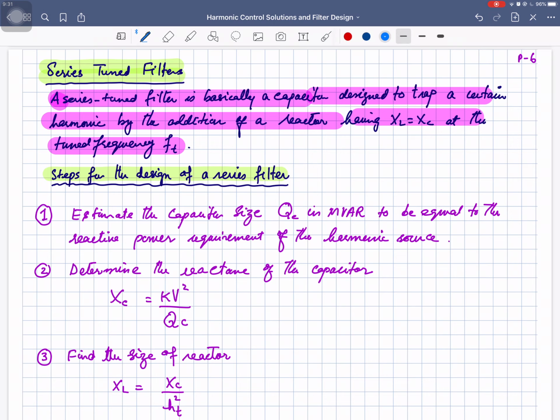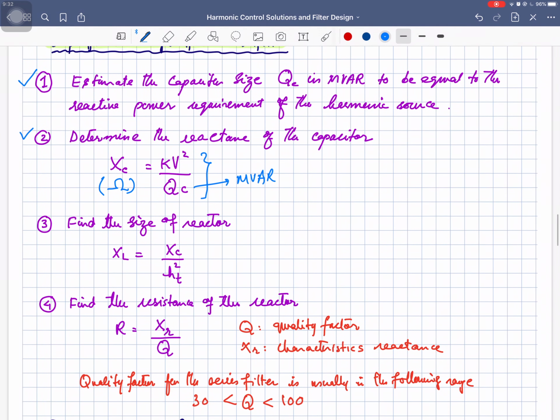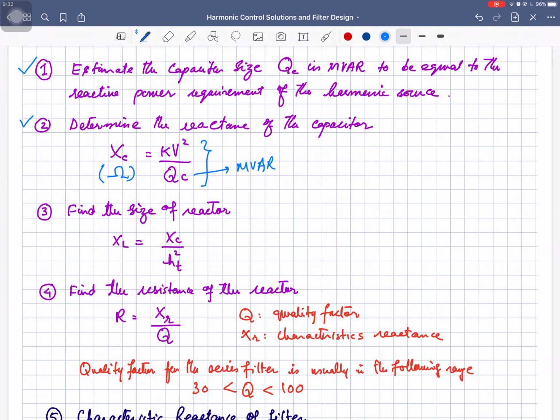Then you will be determining the reactance of the capacitor using this expression, kilovolt square divided by QC, where this QC is in MVAR, then you will get this XC in ohms. Then the next step is to find the size of the reactor by using the concept of resonance.